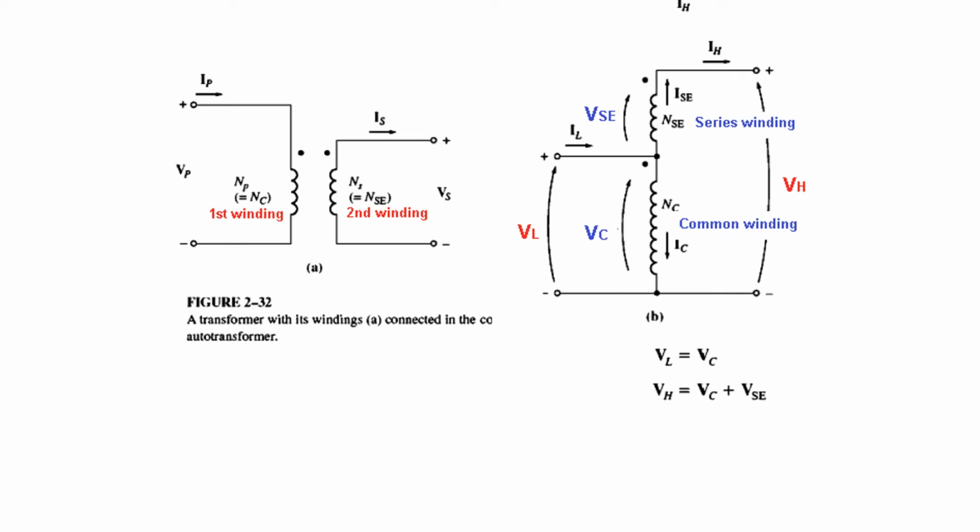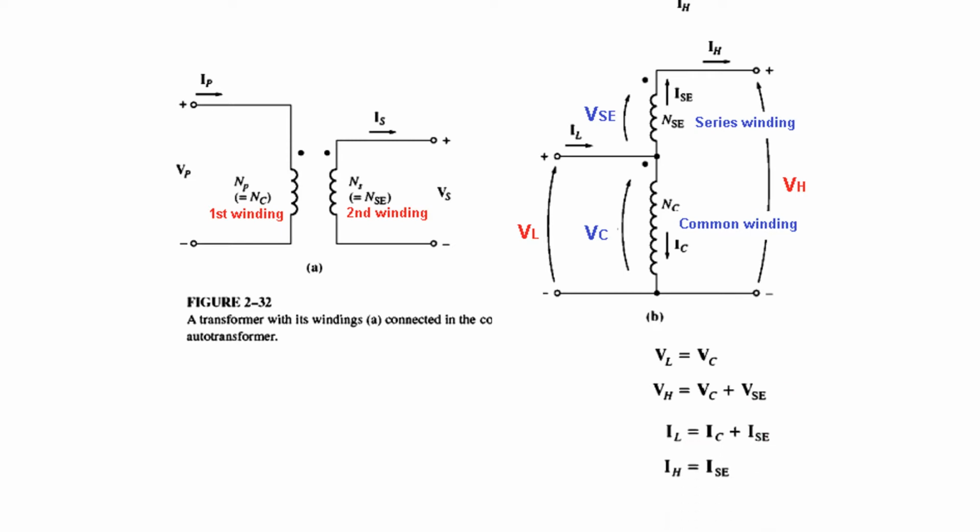Now we can see from here that VL is equal to VC, that is the low voltage is equal to the common voltage, whereas on the high side VH is equal to VSE plus VC, so VC plus VSE.